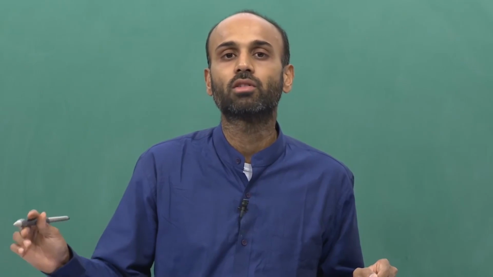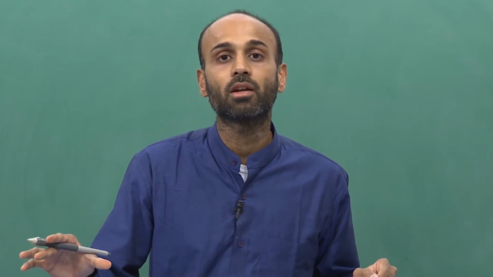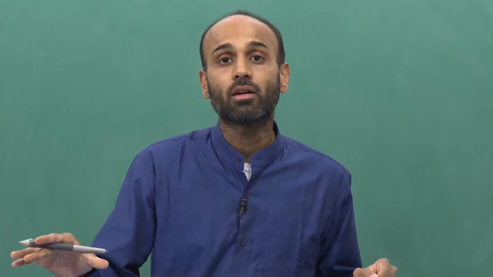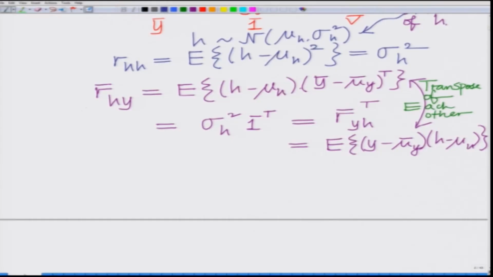And in fact, r bar y h is a column vector, because it is expected value of y bar minus mu y bar, which is a column, times the scalar h minus mu h. R h y, which is expected value of h minus mu h times y bar minus mu bar y transpose, where y bar minus mu bar y transpose is a row vector, all right. So, r bar h y is going to be a row vector, okay. You can check all these things.